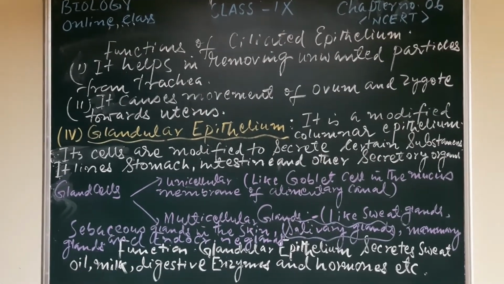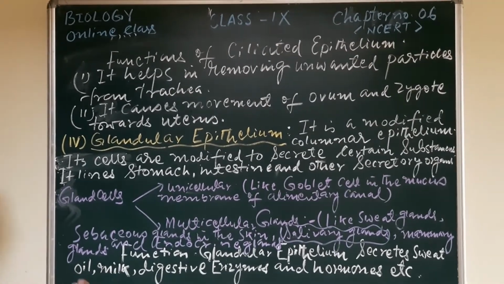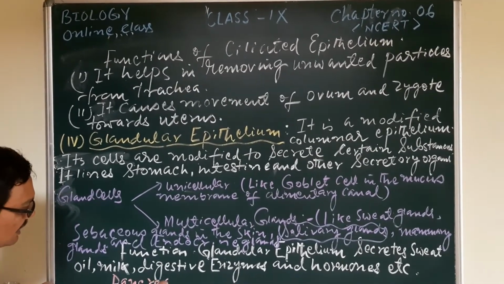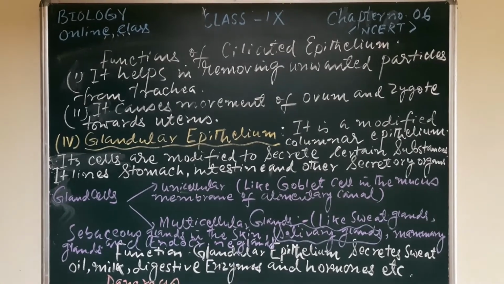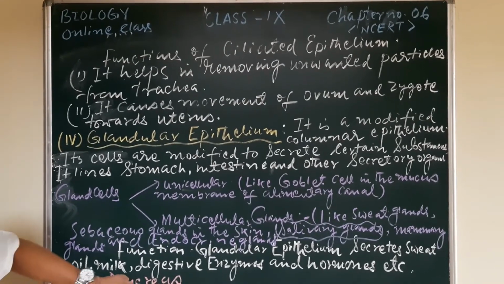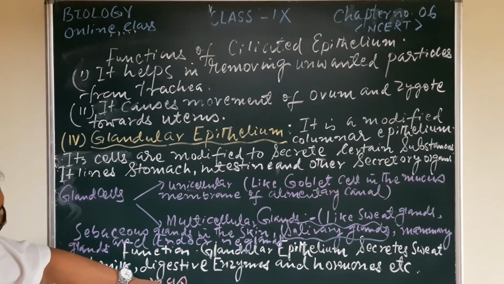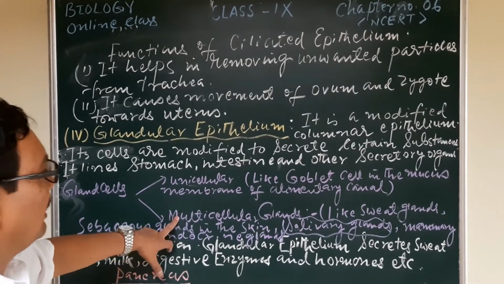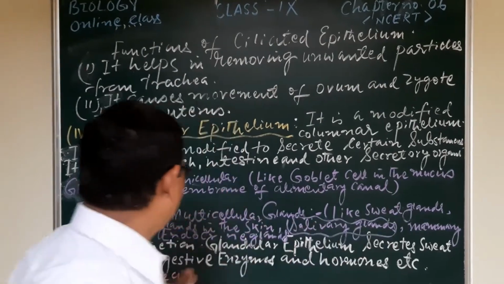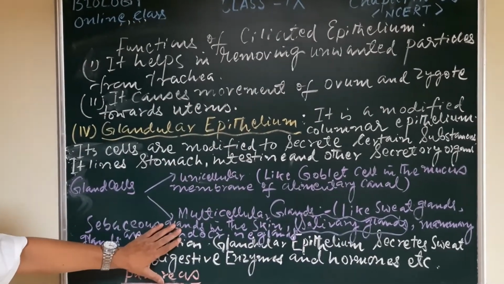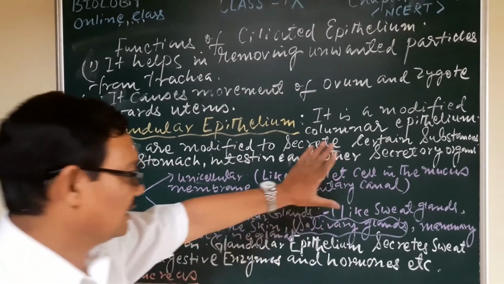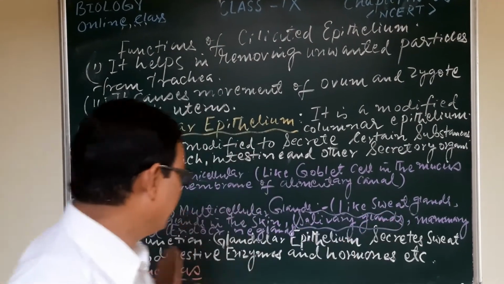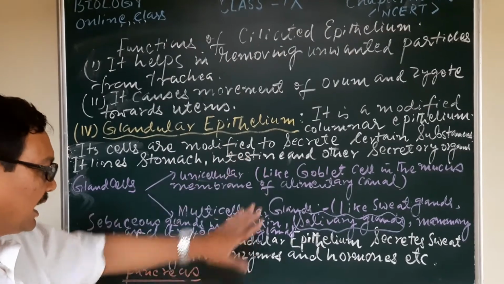Like you may give the example of the pancreas, it acts both as endocrine and exocrine. That's why I have given this example. So here the multicellular glands like sweat glands, sebaceous glands, which are present in the skin. There are salivary glands, mammary glands and the endocrine glands.